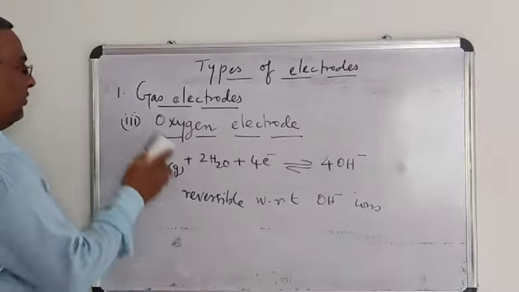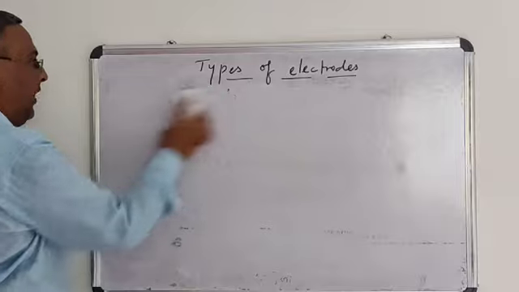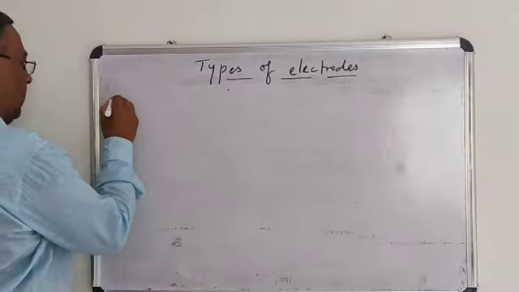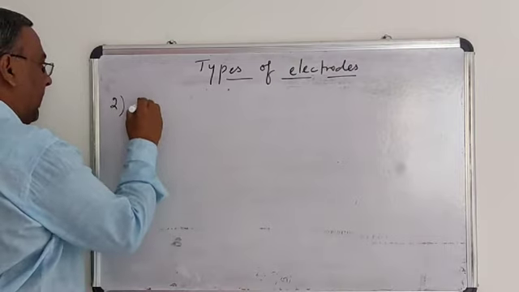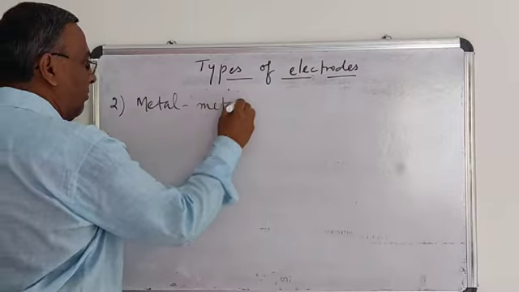Next we are going to study the second type of electrode, the metal ion electrode.